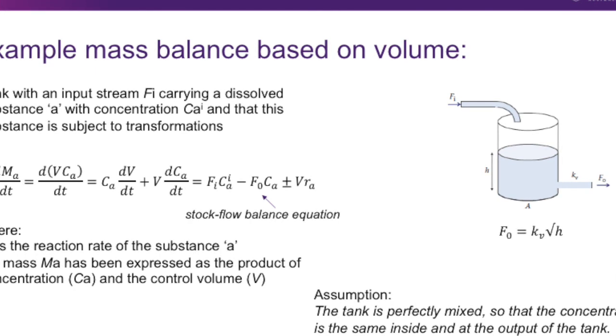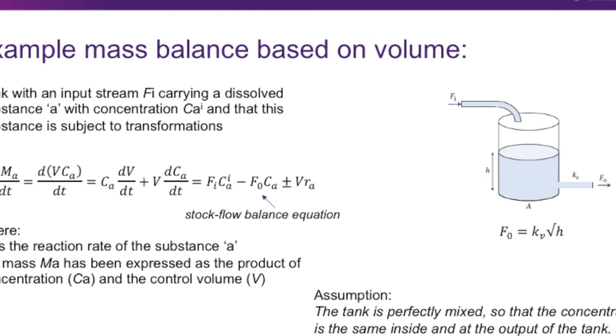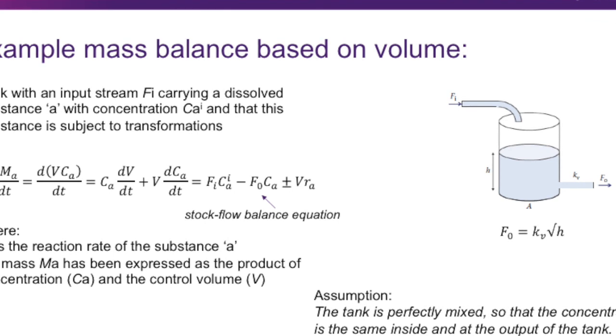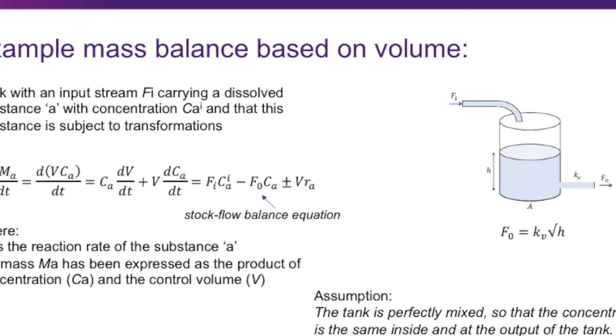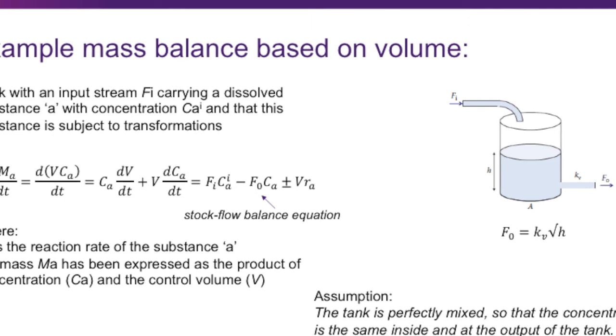Another simplification that can occur in this type of equations is that if the flows in and out remain the same, which means that the height or volume of the tank remains constant, we will only have a change in concentration. And we can simplify by having only one flow, multiplied by the initial concentration minus the concentration that is occurring per time, and then plus or minus the reaction, right?